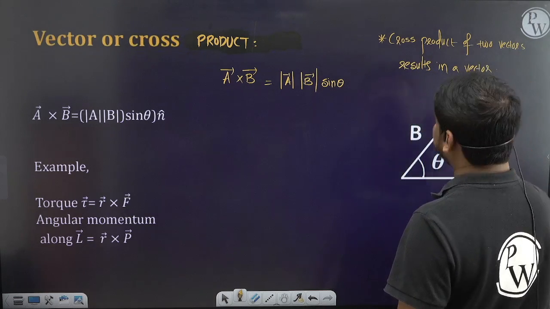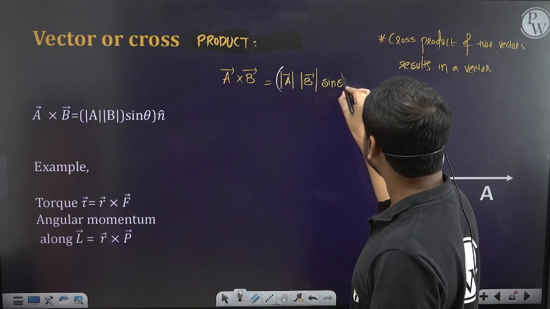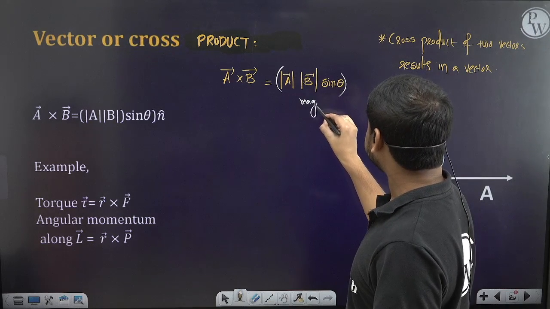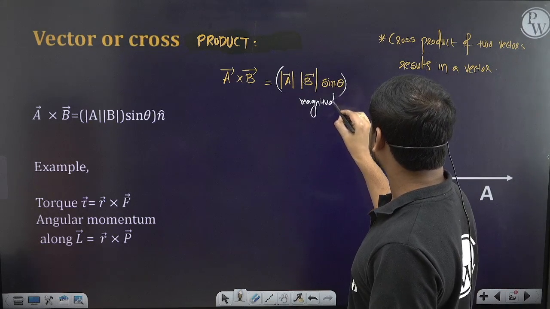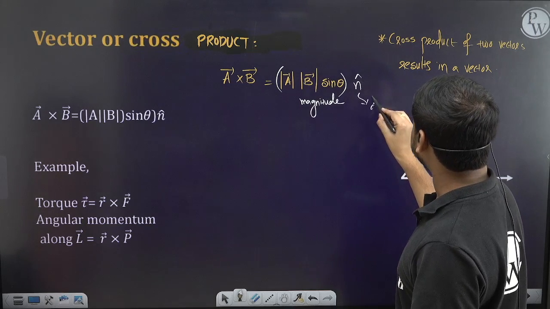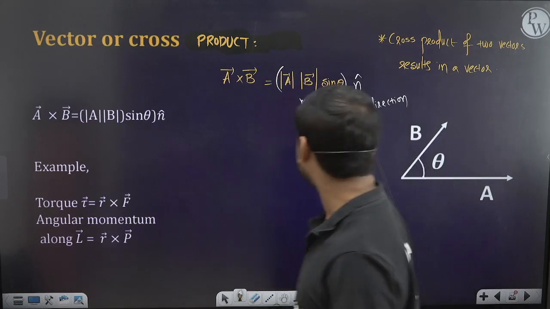That means it will have magnitude and direction. This whole thing, AB sine theta, is the magnitude. Now the direction is given by some unit vector n cap, where n cap is a unit vector.